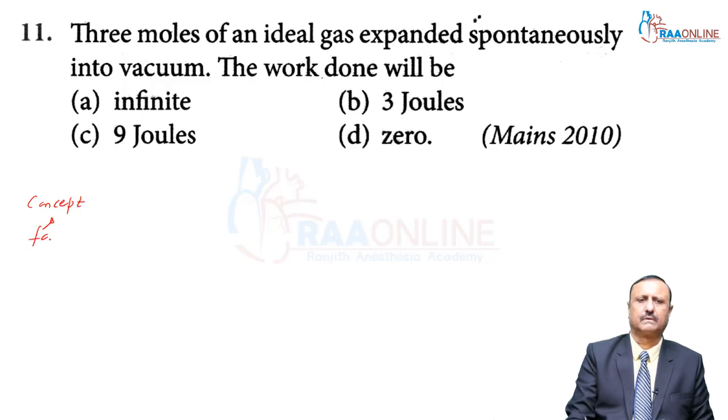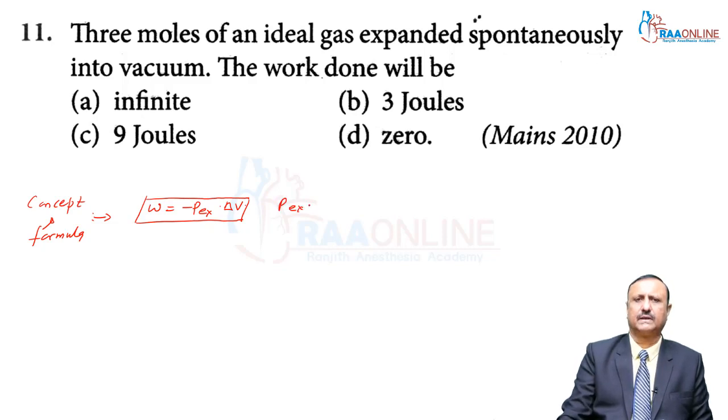Here, my dear students, work done for the ideal gas means W is equal to minus P external into delta V. You have this formula, and here you can see the P external is equal to 0, because the ideal gas expands spontaneously into vacuum. In vacuum, P external is equal to 0.